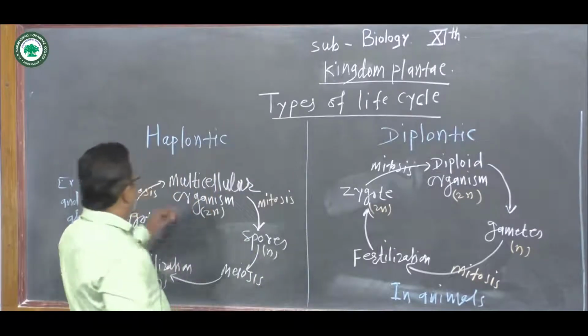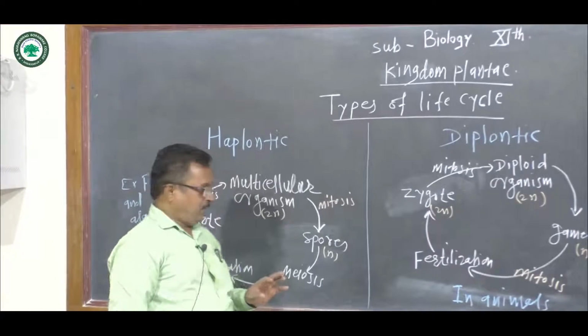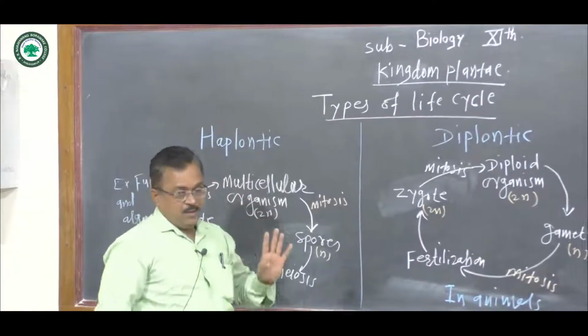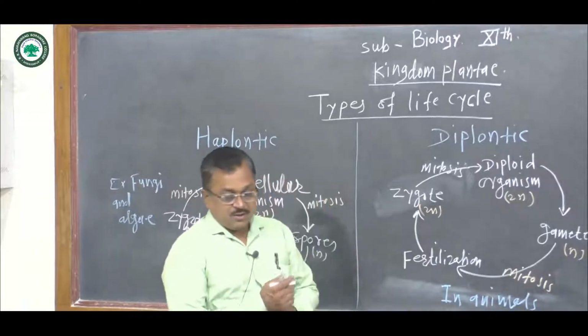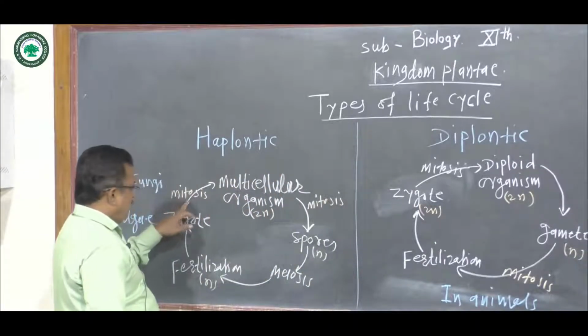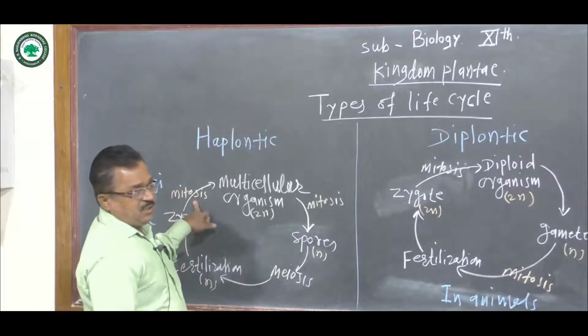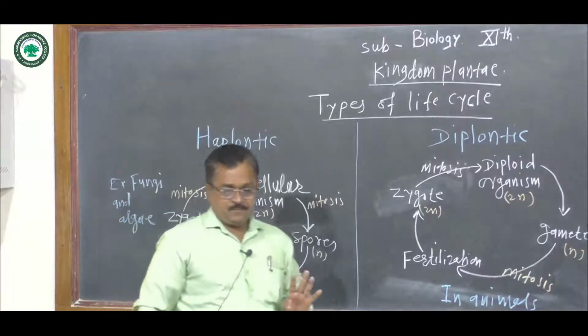Which type of life cycle is called the haplontic type of life cycle? Haplontic life cycle, here the mitosis occurs in haploid cells. These produce the multicellular organisms.